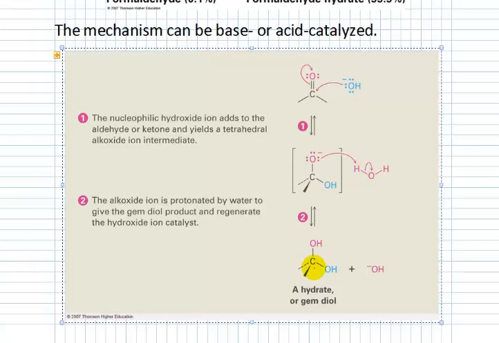That will give us our hydrated carbonyl compound, which is a gem diol. And in protonating that alkoxide, we have regenerated the base catalyst, right? That hydroxide ion catalyst.